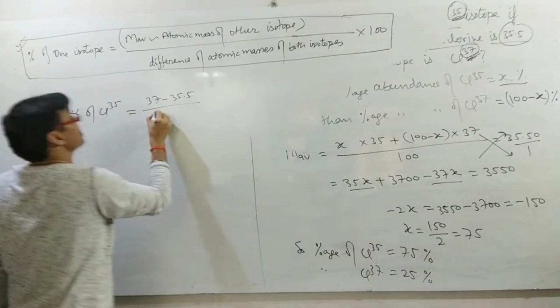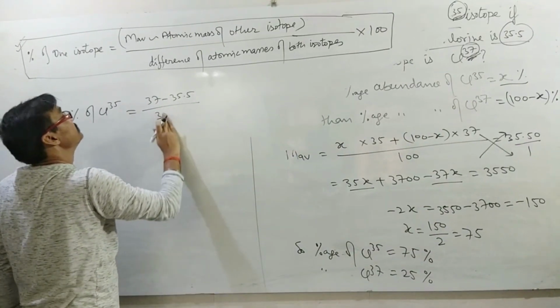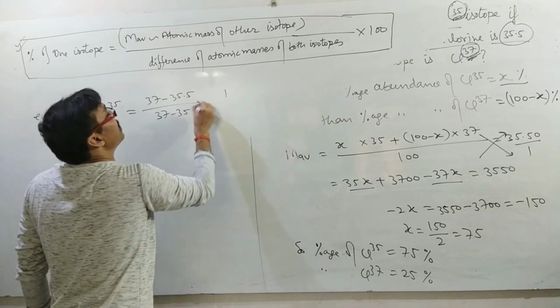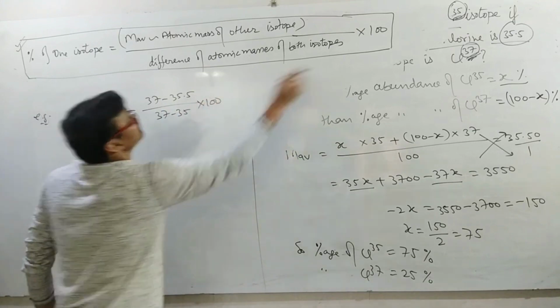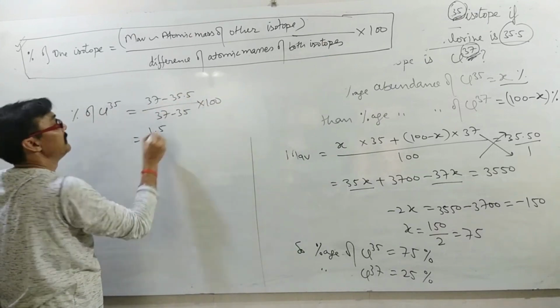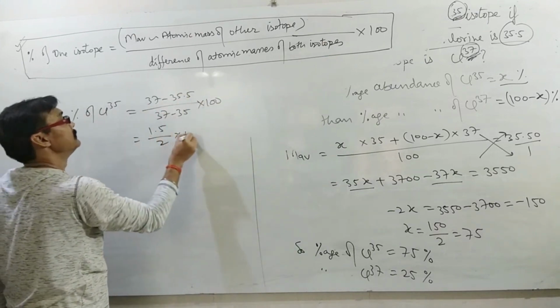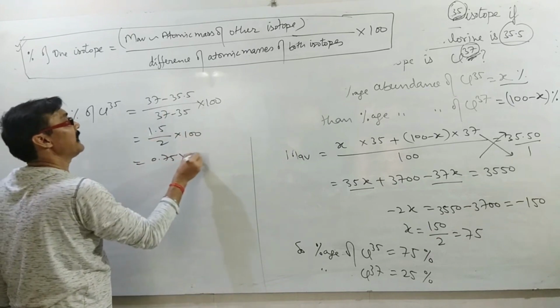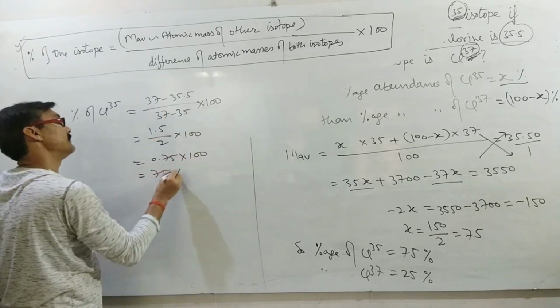So the difference is 2. Multiplied by 100, it is 1.5 divided by 2, which is 0.75 into 100, that is 75%.